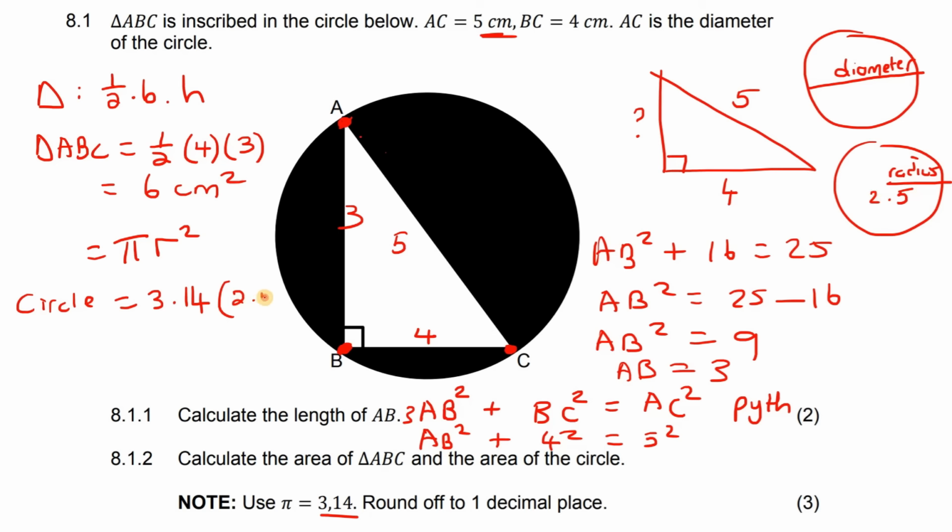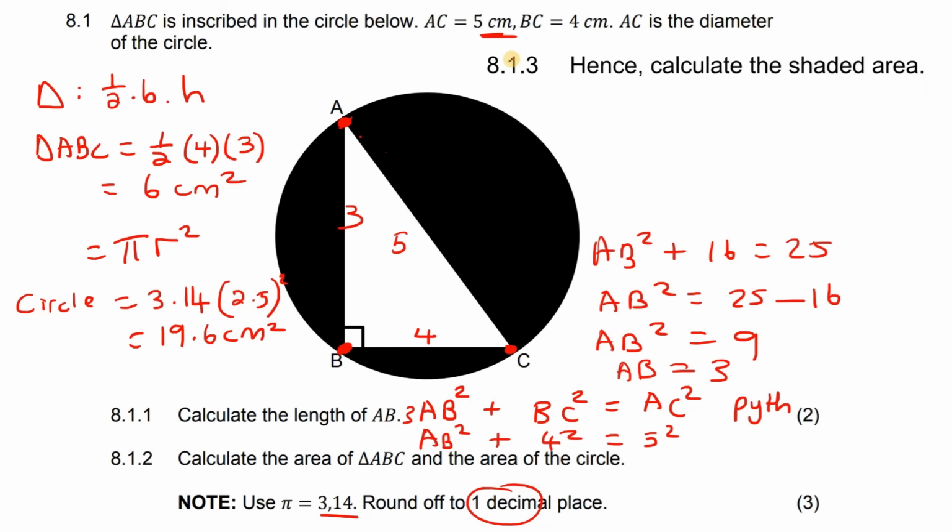So we'll say 2.5 to the power of 2. Go ahead, type that on the calculator and round off to 1 decimal because they've asked us to do that. That'll be 19.6 centimeters squared.